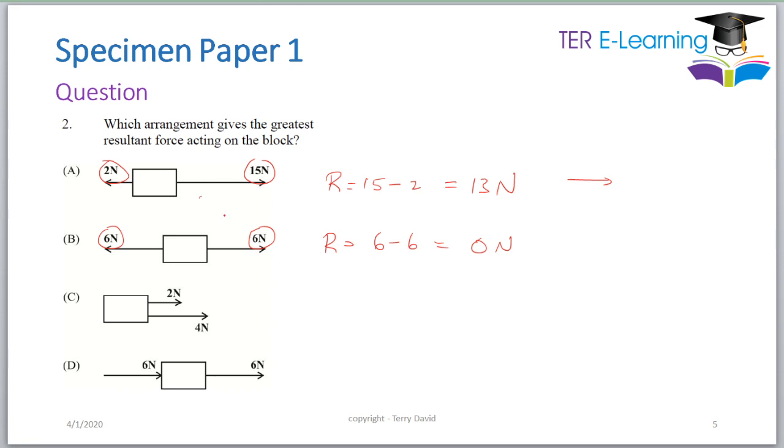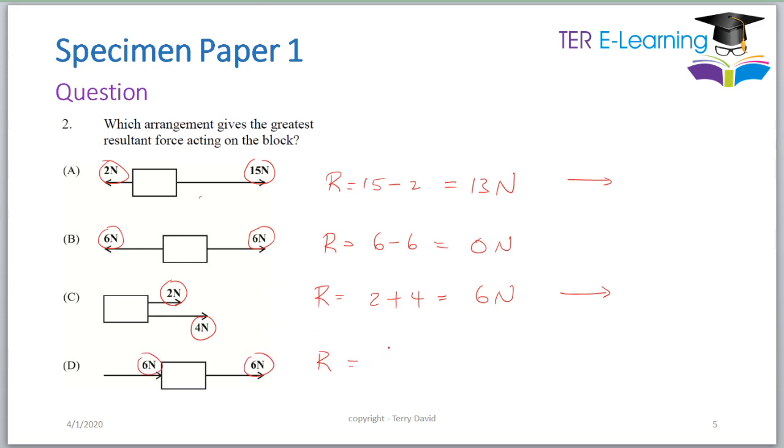In the case of part C, we have 2 Newtons acting to the right and 4 Newtons acting to the right. Therefore my resultant force is going to act to the right. It's 2 plus 4 Newtons, which is equal to 6 Newtons. In the last one, we have 6 Newtons acting this way and 6 Newtons acting this way.